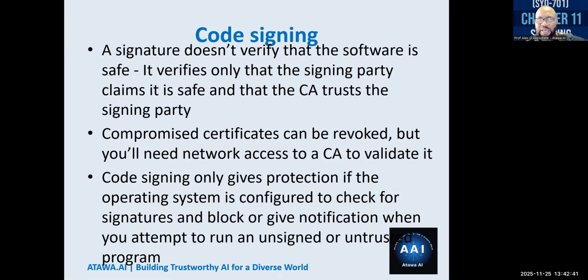I don't know if you ever tried to run a program and it gives you a warning sign. Maybe the code has not been signed or it doesn't understand the certificate, or I think the certificate may have been revoked.